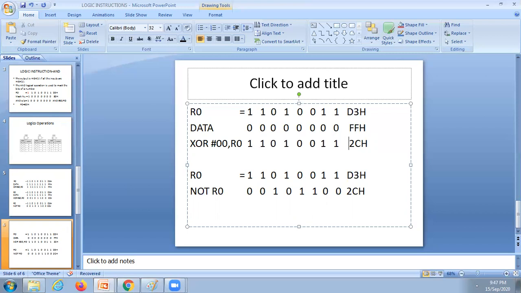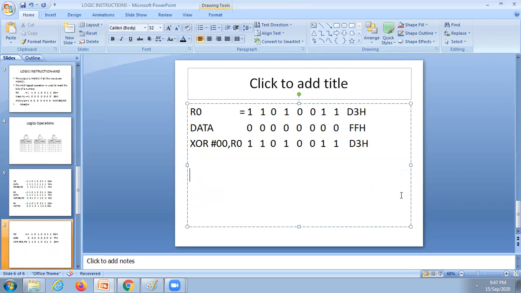So what is this number here? This number is 1101, which is D3H. Now you see the difference. In this case, what happens?